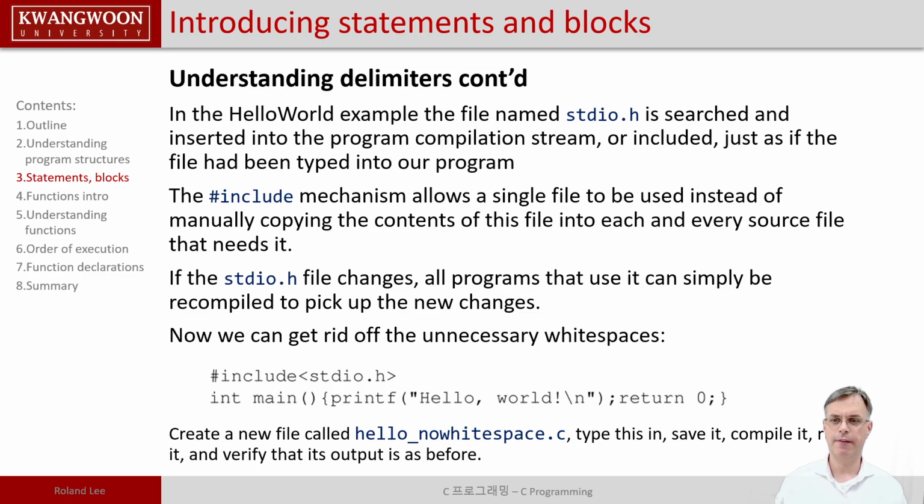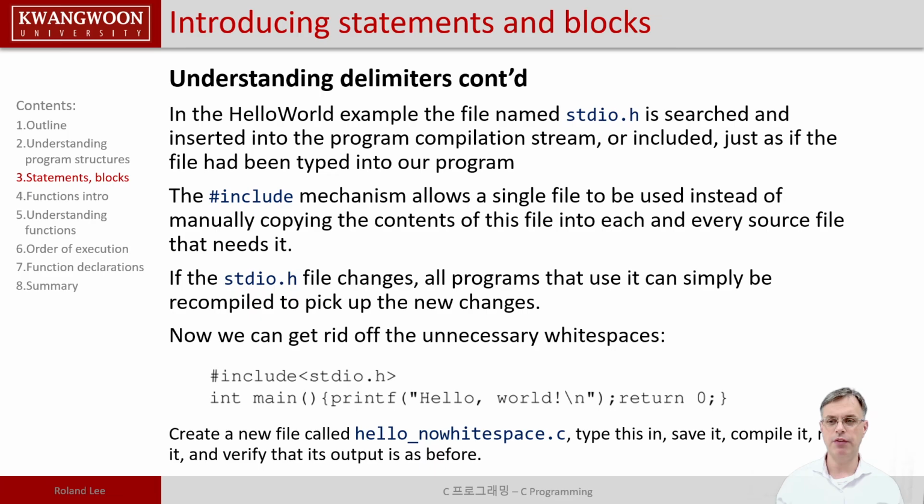Now, this sharp include mechanism allows a single file to be used instead of manually copying the contents of this file into each and every source file that needs it. If the stdio.h file changes, all programs that use it can simply be recompiled to pick up the new changes.